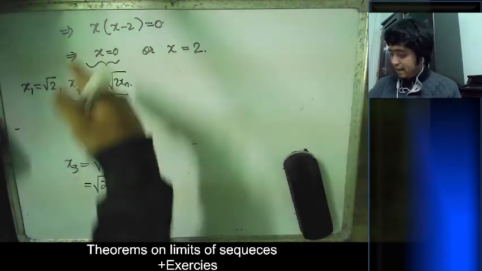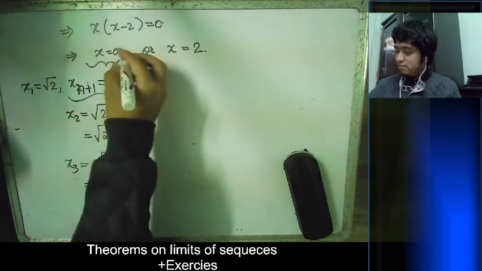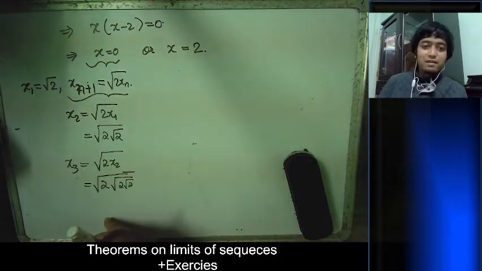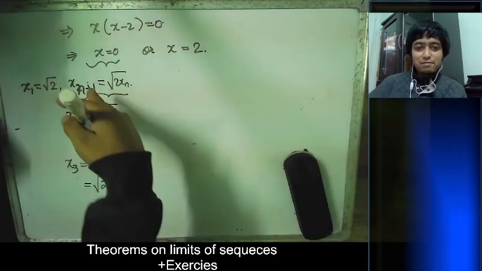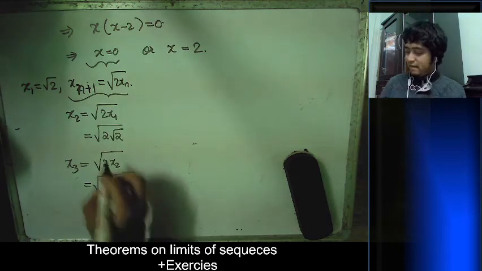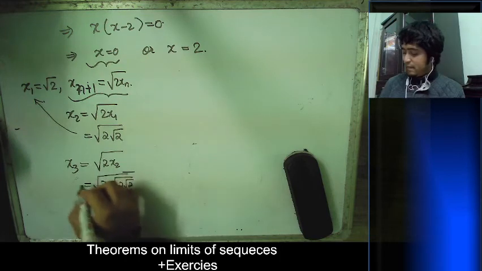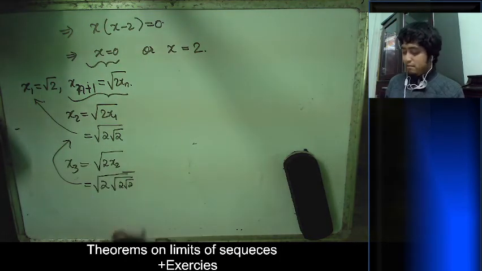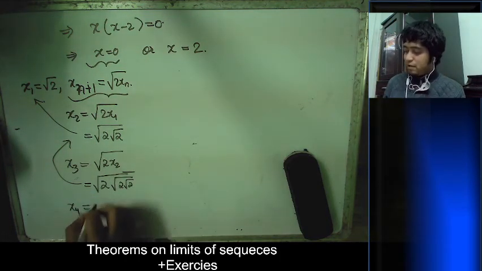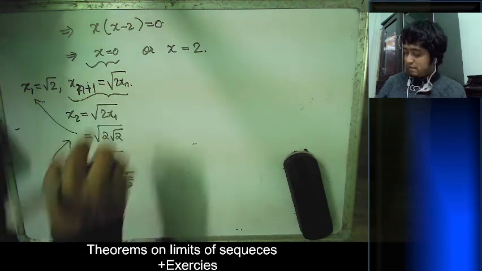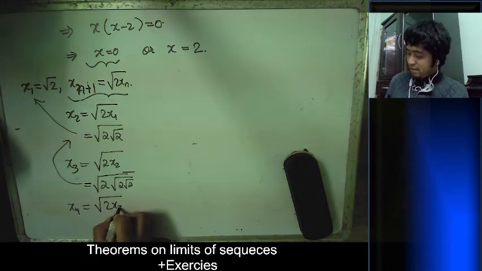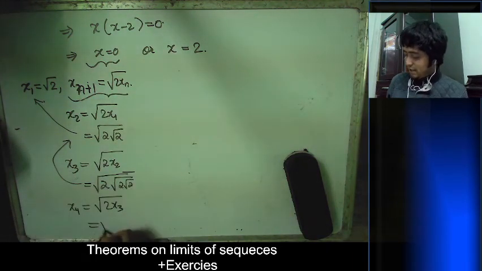And it won't converge to 0, if you see the pattern, because it is actually increasing. This x2 is bigger than x1, x3 is bigger than x2. Similarly, if you calculate x4 according to this formula, it will be equal to 2x3, but x3 has been given by this.